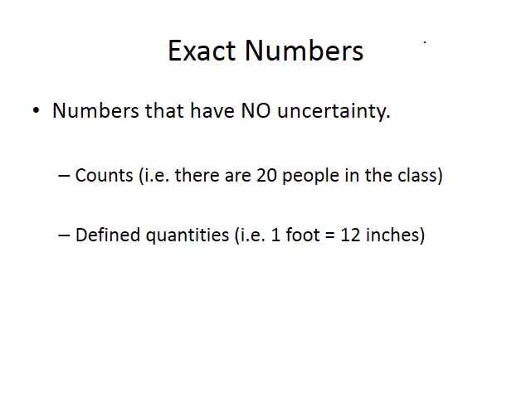In the same way, defined quantities, like those that you find in conversion factors, are also considered exact numbers. For example, 1 foot equals exactly 12 inches by definition. If it was 11.9 inches or 12.1 inches, then it wouldn't be 1 foot. It has to be exactly 12 inches.